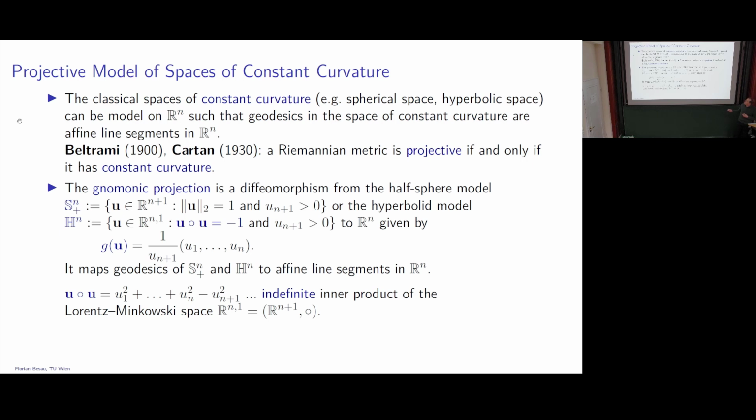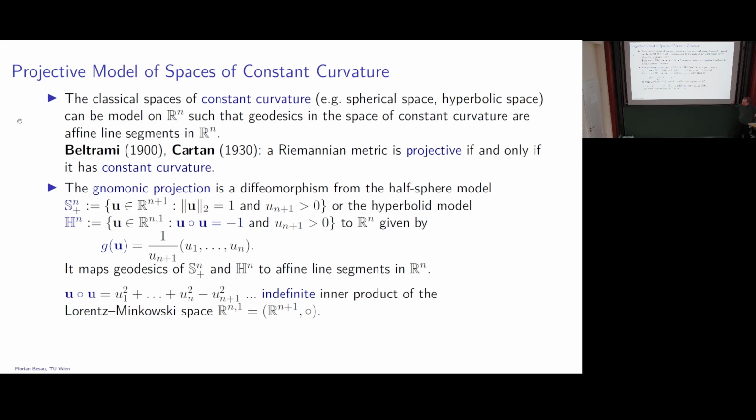This is very classical. For the sphere, for instance, you can look at the half sphere and use central projection to move into a tangent plane. This gives you a projective model, usually called the gnomonic projection. You can also do this in hyperbolic space when you identify hyperbolic space with the hyperboloid model in Lorentz-Minkowski space, so you have an indefinite inner product here.